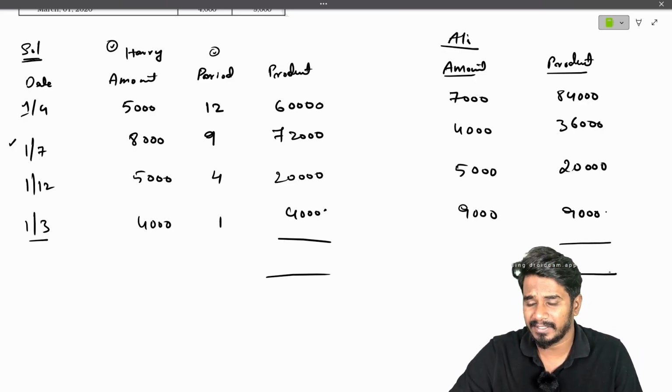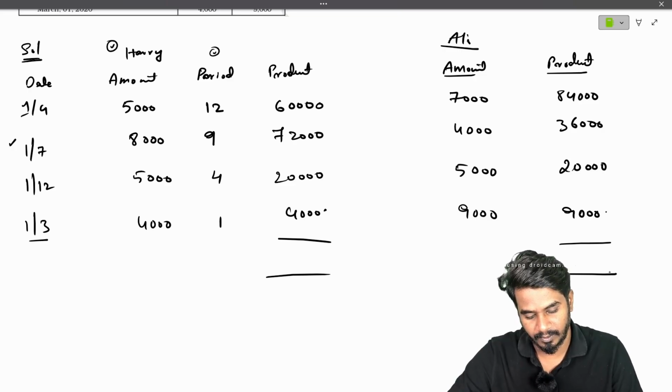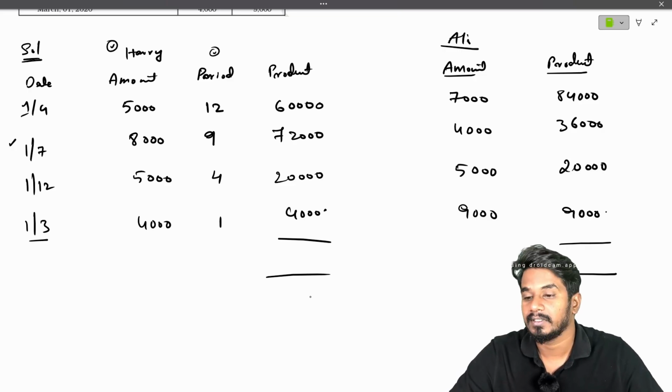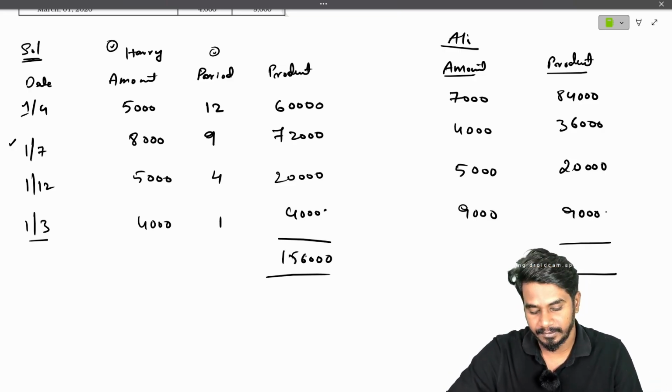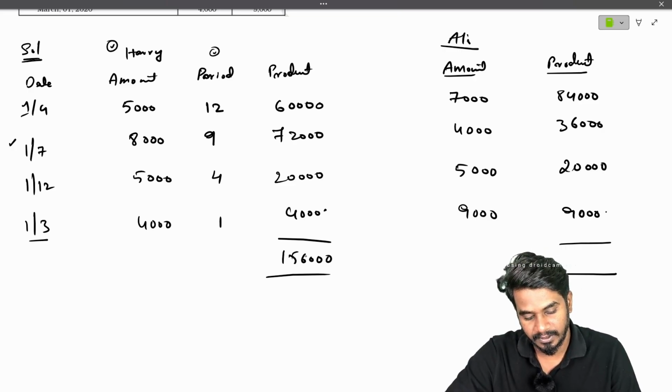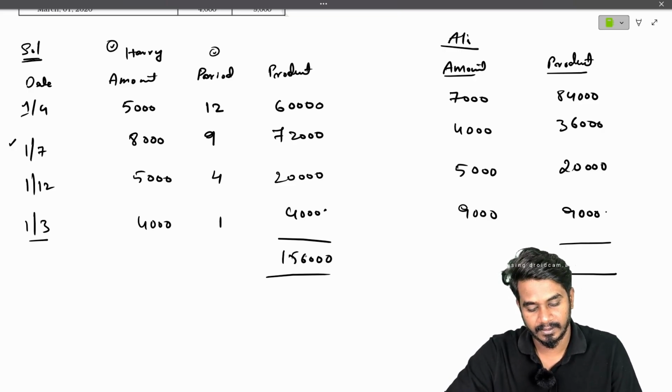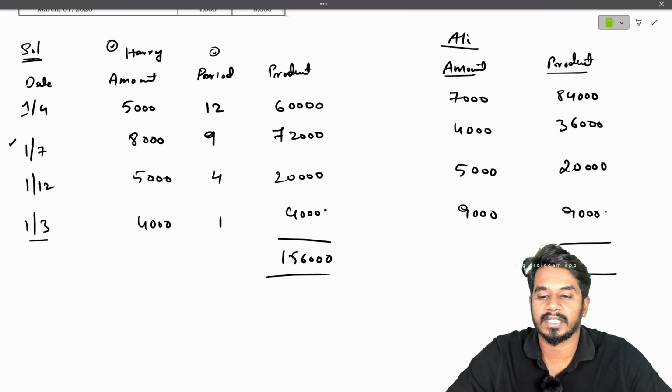So let us total the product for both the partners. 60,000 plus 72,000 plus 20,000 plus 4,000. It is very, very, very simple. That's why I'm going so fast, right? It is 1,56,000 for Harry, and 84,000 plus 36,000 plus 20,000 plus 9,000 is 1,49,000.